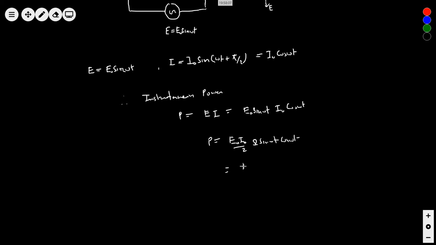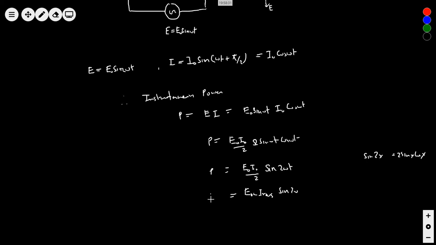Same way, I am going to get here E naught I naught by 2, which is going to give me again the sine 2 omega t formula. You may ask what I am using: the formula sine 2x is equal to 2 sine x cos x, an identity. So then this is the power. Again I can write this as ERMS IRMS sine 2 omega t.